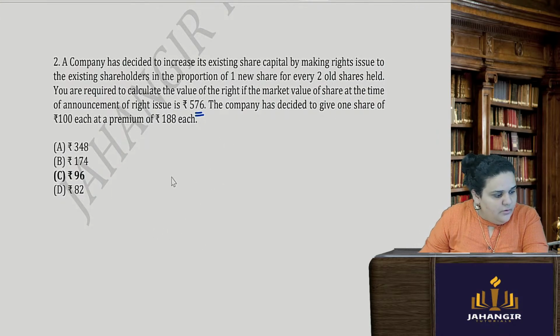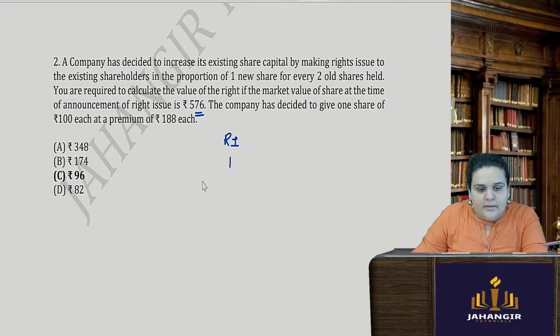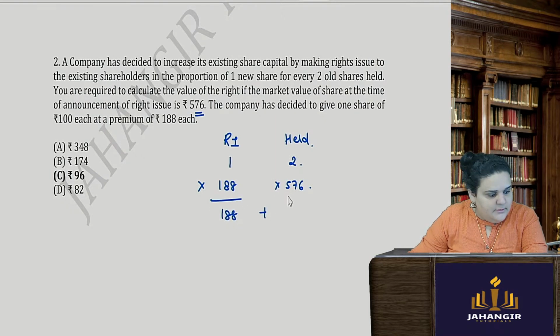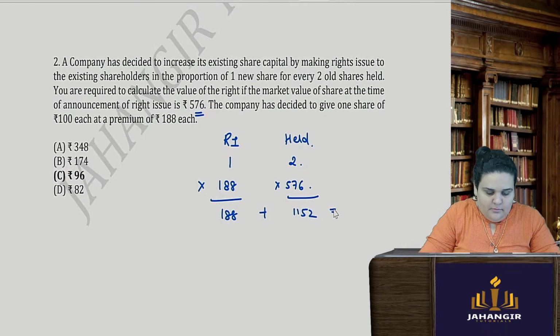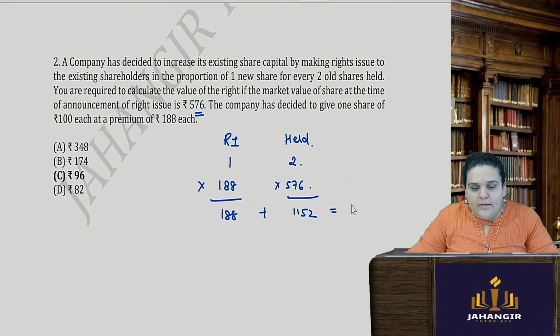So the right issue is of 1 share, and I am going to get my right shares at 188. Already held are 2 shares, and the market price is 576.